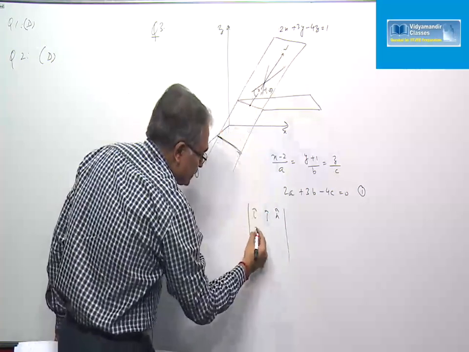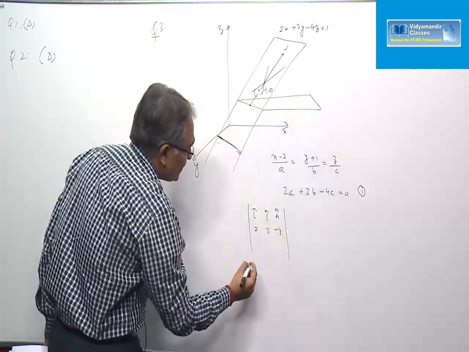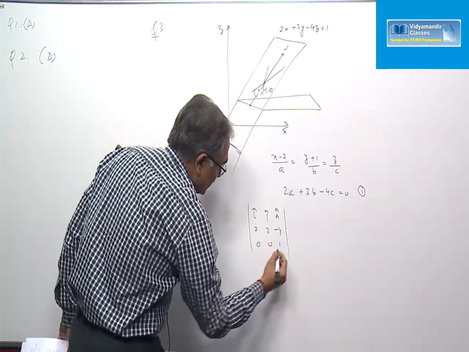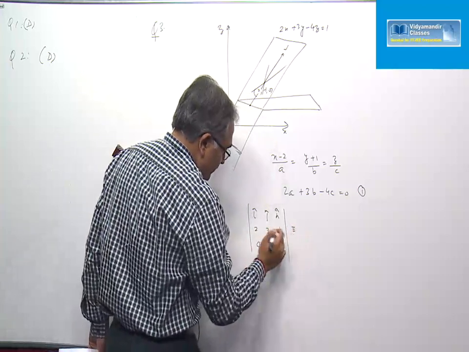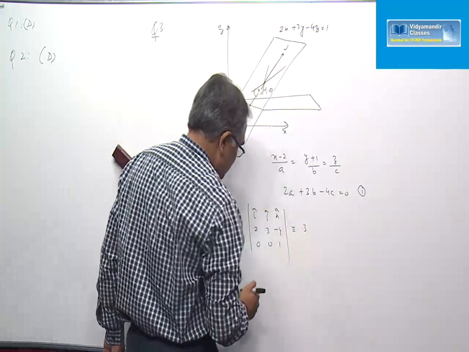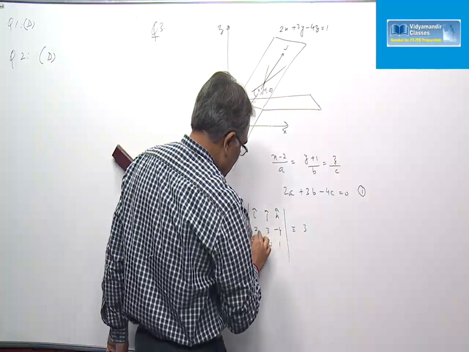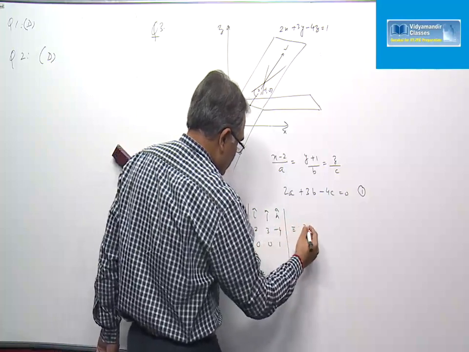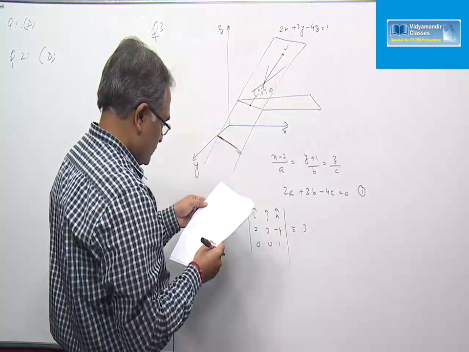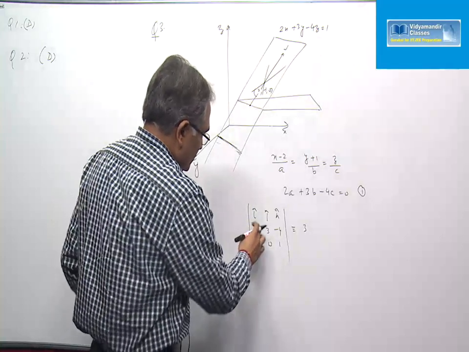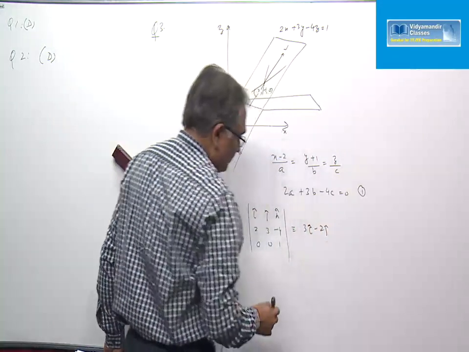The normal to this plane is 2, 3, -4, and the normal to the xy plane is 0, 0, 1, which gives 3 i cap minus 2 j cap.